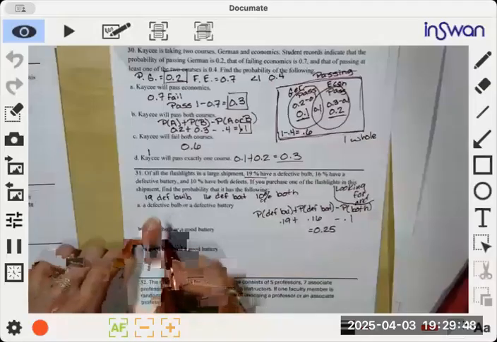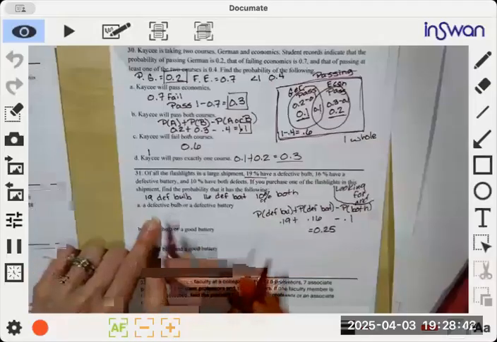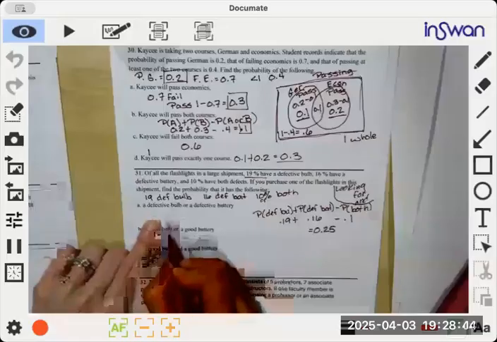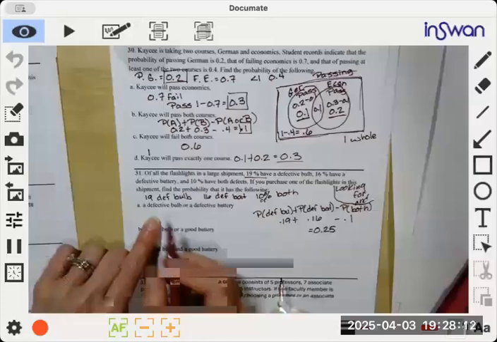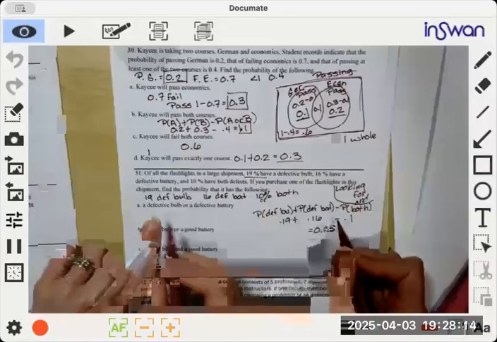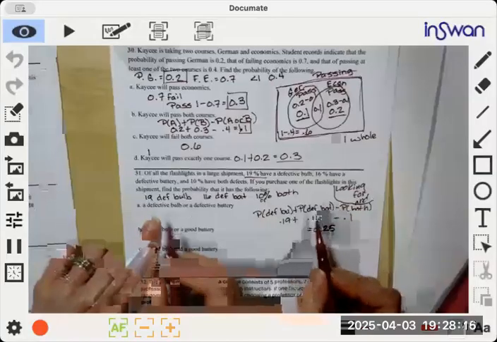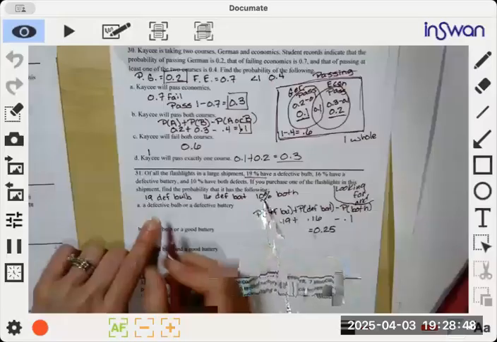So good bulb or a good battery. So this is 1 minus the both defects. And the both defects is that 0.1.